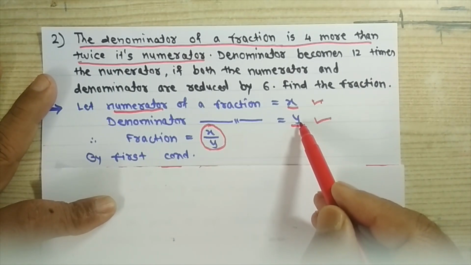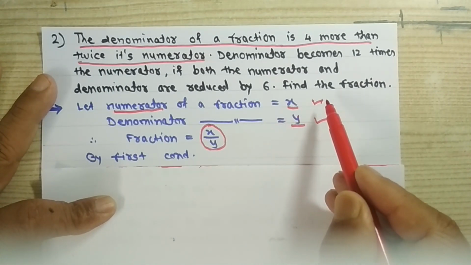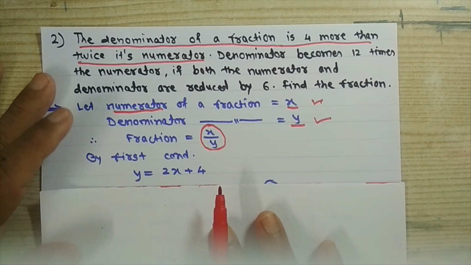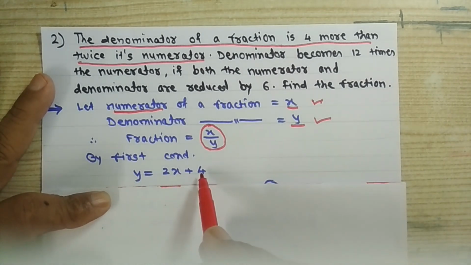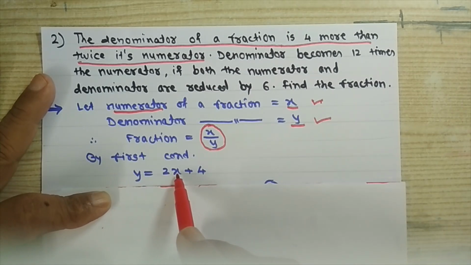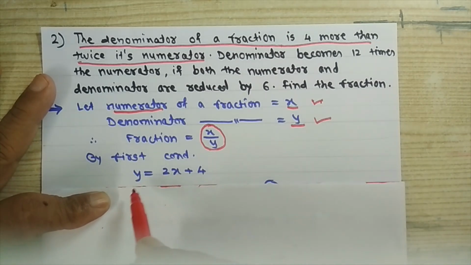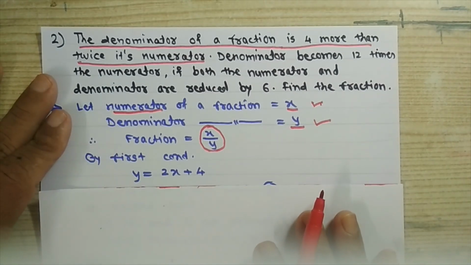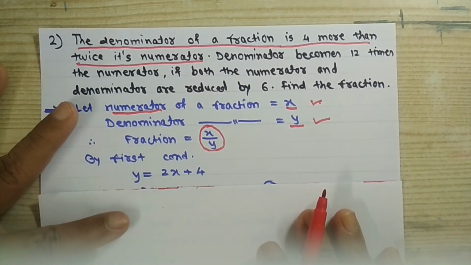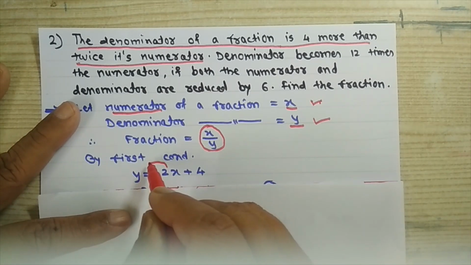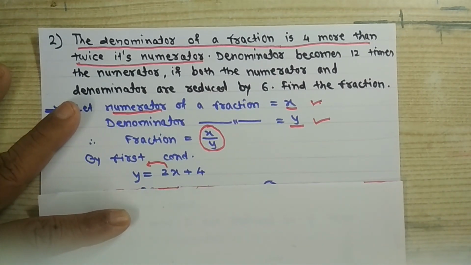So y is equal to 2x plus 4 is the equation. We know in that equation we have to take the variables to one side of the equality. Therefore, we take 2x to the left side of the equality.